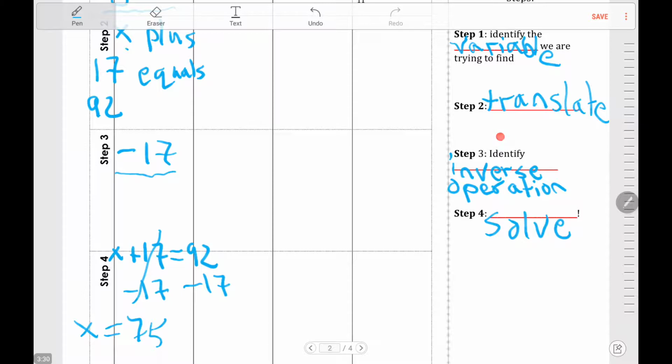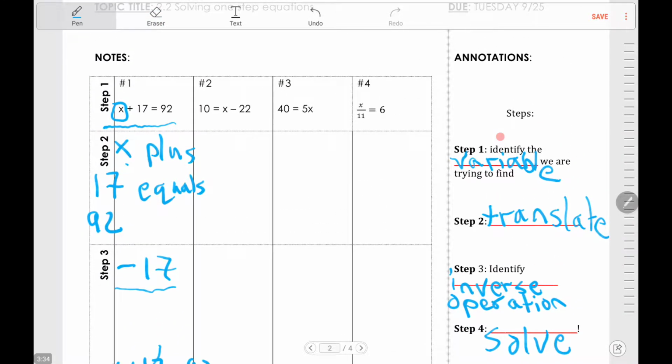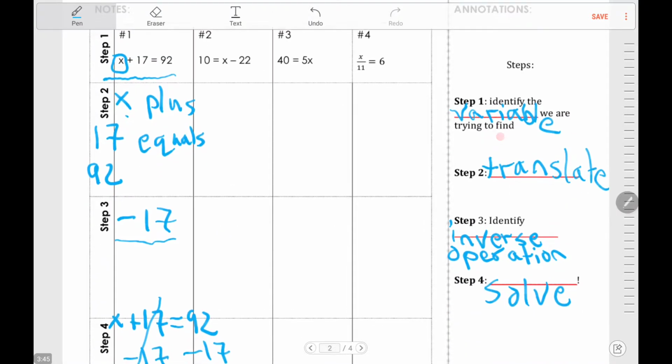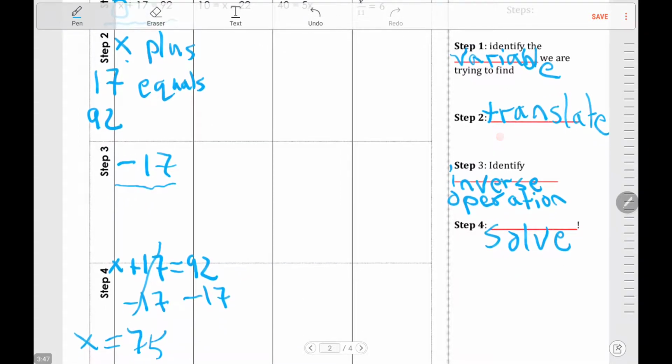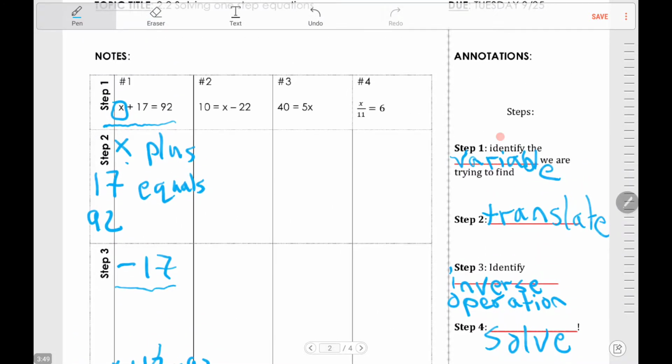Why don't you try doing 2. So all the steps: identify the variable, translate into English, identify the inverse operation, and solve for number 2.